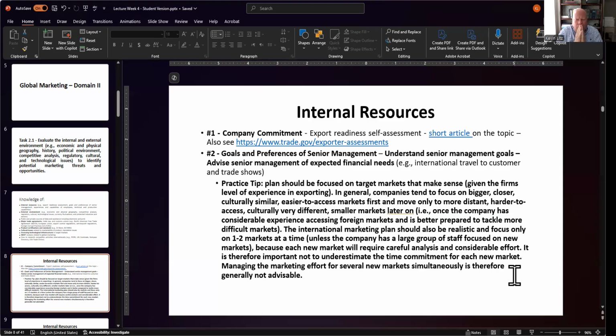Now, I think a good practice tip is that it's usually easier when you're first getting into the international market to get into a market that is somewhat similar to your own, whether in economic scale, language, culture, etc., and then eventually go further out.